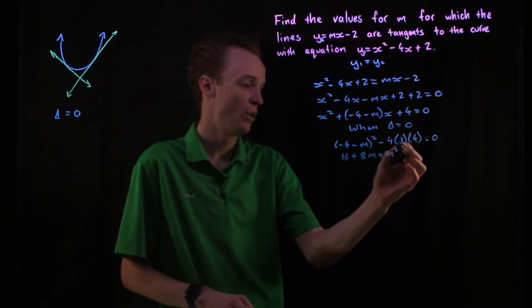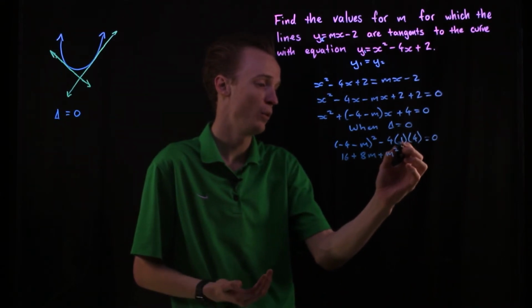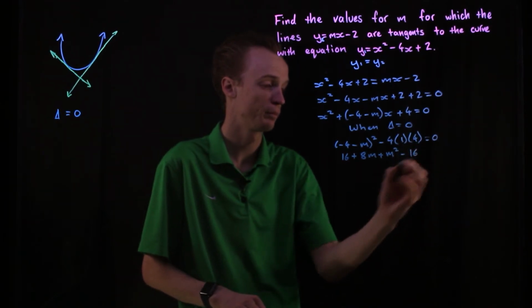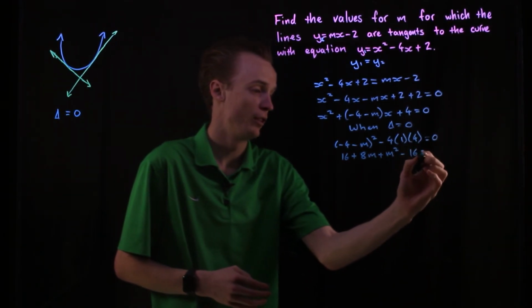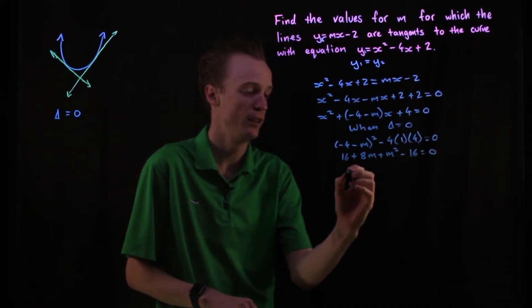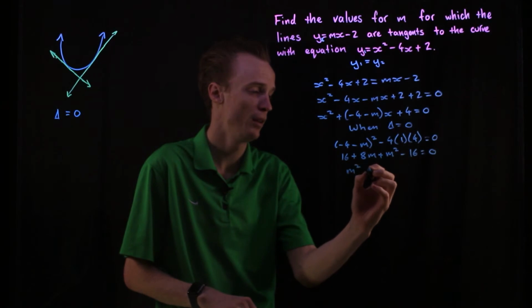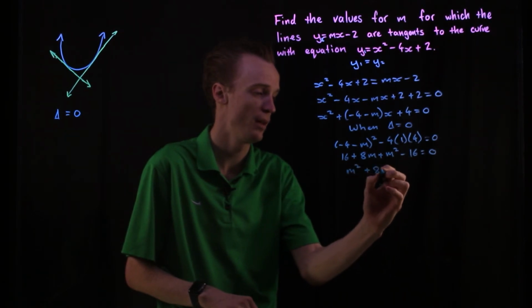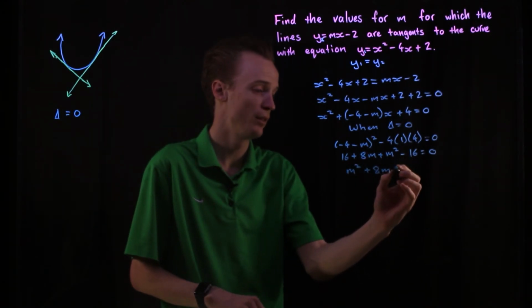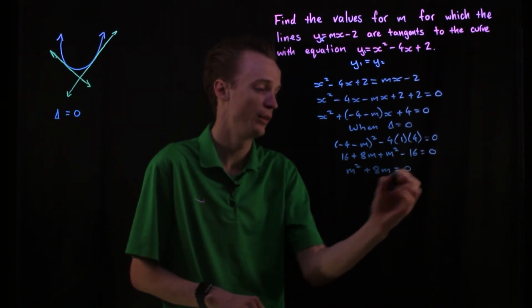Negative 4 times 1 times 4 again will be negative 16. And when I do that, it should equal 0. Now I'm just going to collect like terms and rearrange this. So this will be m squared plus 8m, 16 take 16 will be 0. So that will equal 0.